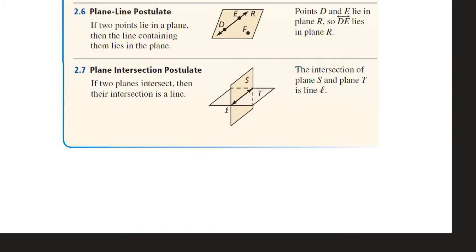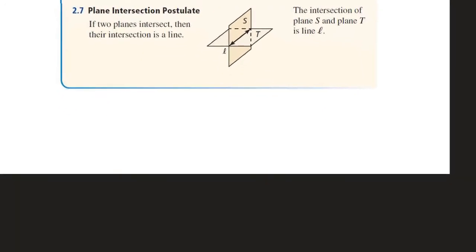The next postulate talks about a plane and a line. It says if 2 points lie in a plane, then the line containing them lies in the plane. It connects planes, lines, and points all together. It's just saying if 2 points are on a plane, then the line that contains those points is also in the plane. There's an example of that to the right.